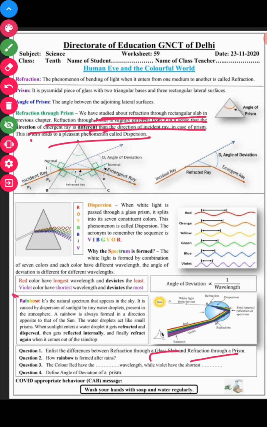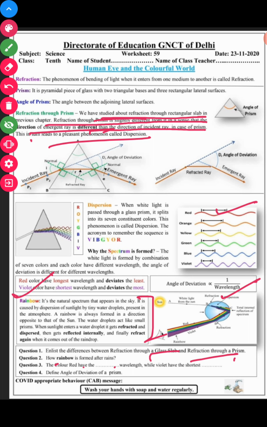Second, how does a rainbow form? You can write this also and make this diagram. The red color has maximum wavelength and the violet color has the shortest wavelength. Angle of deviation: you can give the answer.